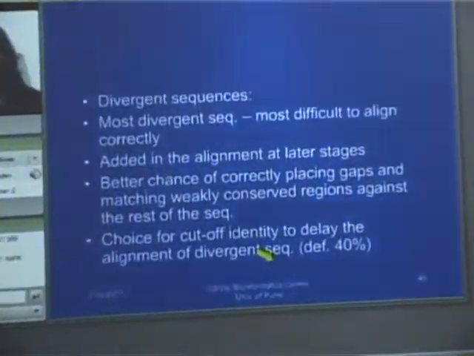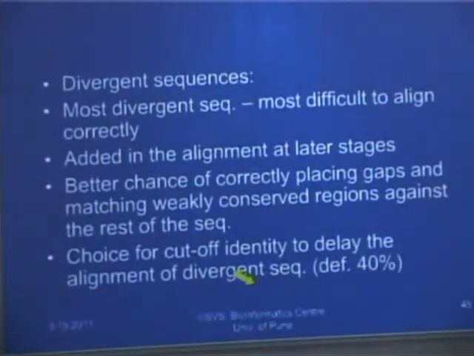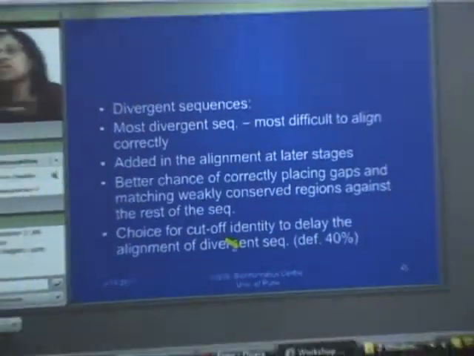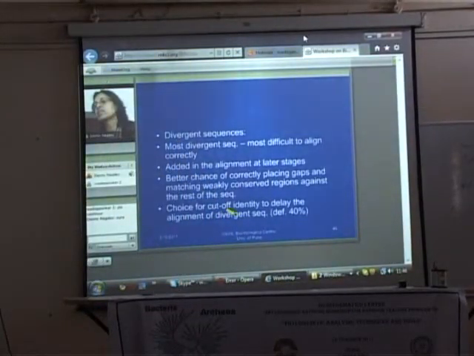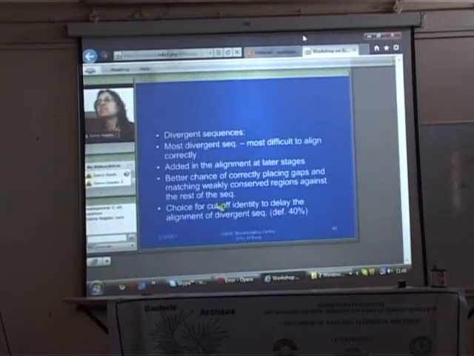But you have a choice to change it, depending on any prior data or prior information that you have about your data set. So if you know that there are sequences which are less than 30% identical, you can set this cutoff to 30% also.